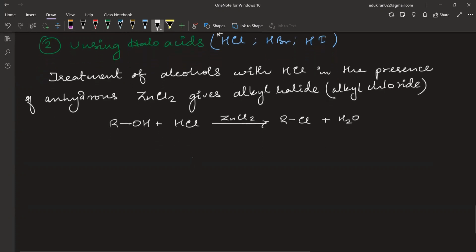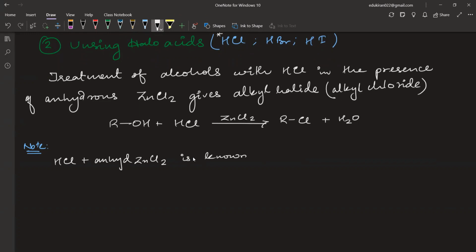Now, write a note. This reagent, HCl plus anhydrous ZnCl2, is known as Lucas reagent.